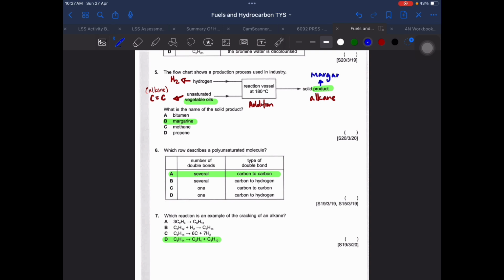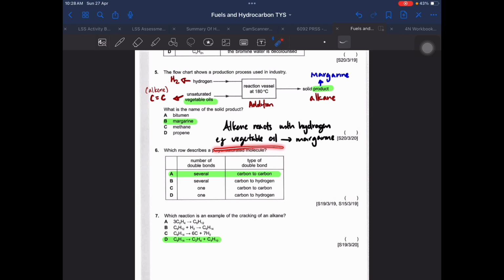Okay, this is one of the content that you must remember, that actually alkene reacts with hydrogen, and an example of this is the conversion from vegetable oil to margarine. This is an example that all students must know. This is a type of addition reaction, and the example is vegetable oil to margarine. Okay, so that's for question 5.